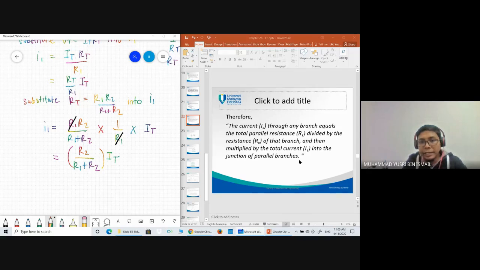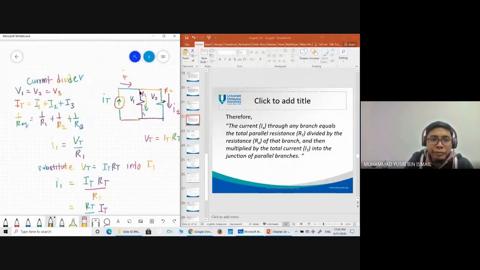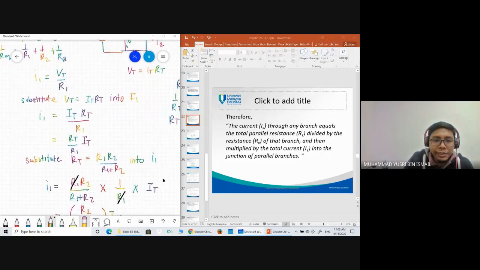And then it is multiplied by the total current IT into the junction of parallel branches. So I total is the current before it flows to the junction, which represents the current from the current source.